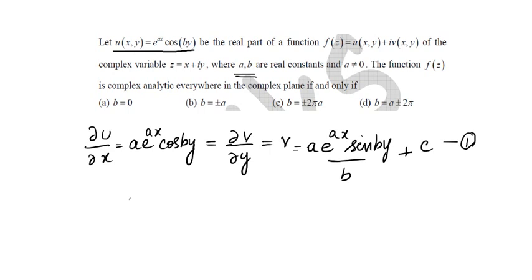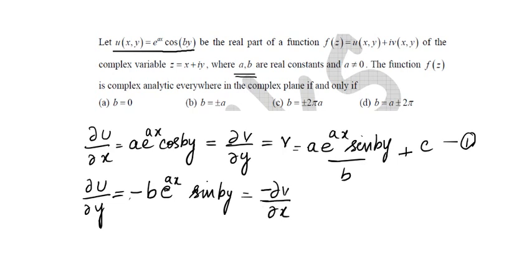Since we want a relation between a and b, use the second condition, ∂u/∂y, that will be equal to minus b e power ax sin by, equating it to minus ∂v/∂x. We keep ∂v/∂x as such.